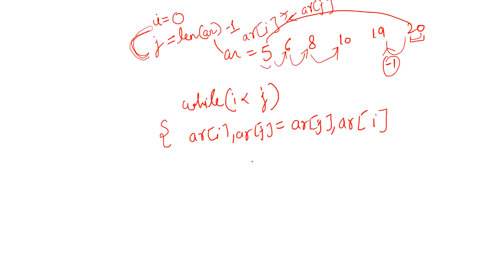Then we just increment the value of i by 1 and decrement the value of j by 1. If this particular thing is executed, then 5 will be the last element, 20 will be the first element, 19 will be here, 6 will be here, 8 will be here, 10 will be here, right?